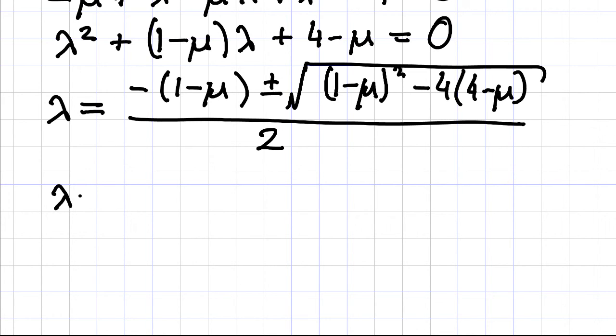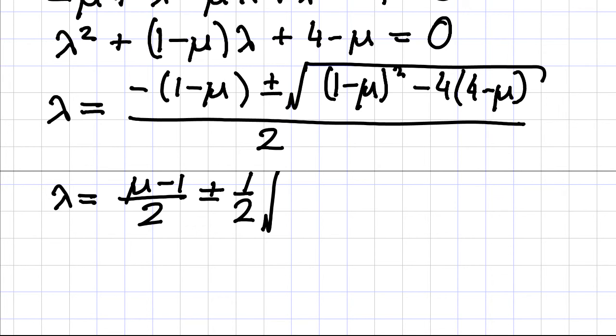So λ is (μ − 1)/2 plus or minus a half, and then we'll multiply out the square root.